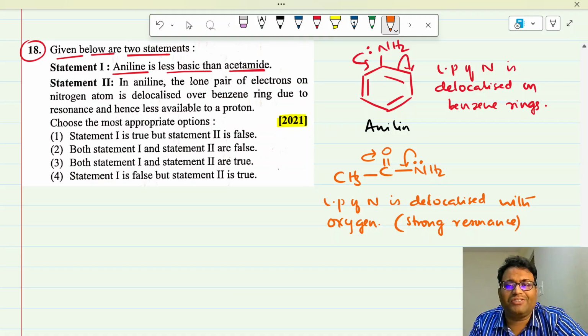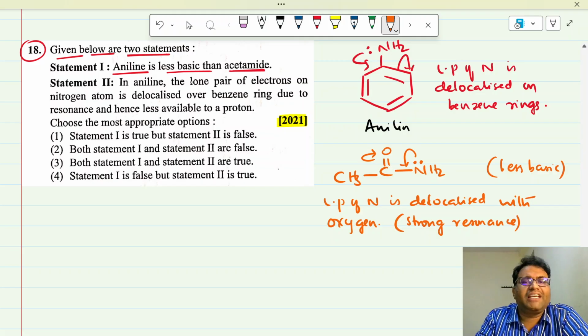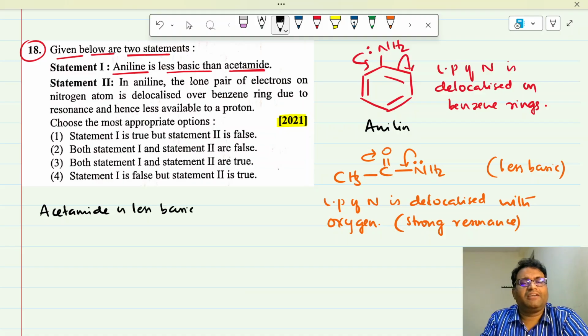The stronger the resonance, the less available the lone pair, and the less basic. So this will be less basic. So who is less basic? Acetamide is less basic than aniline. So this is a wrong statement.